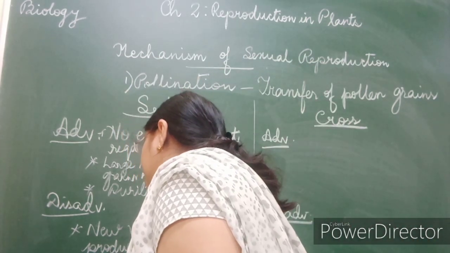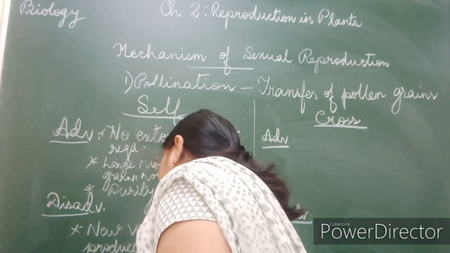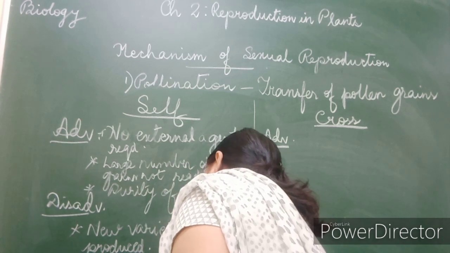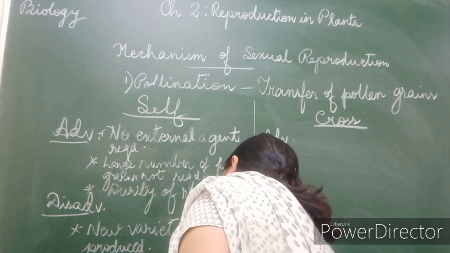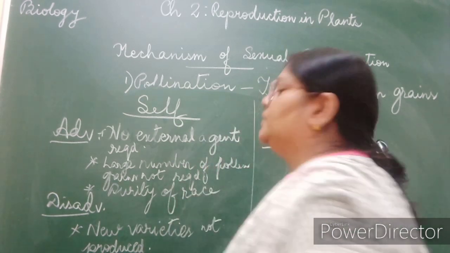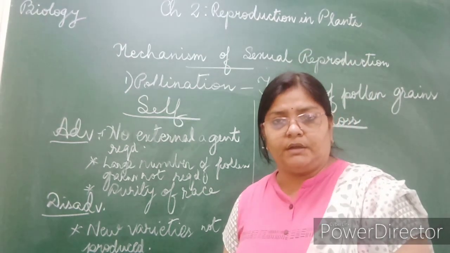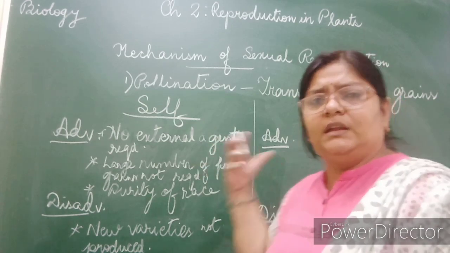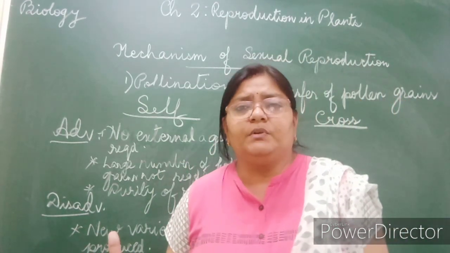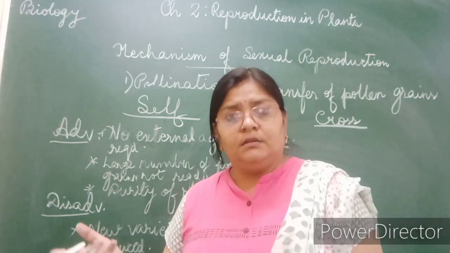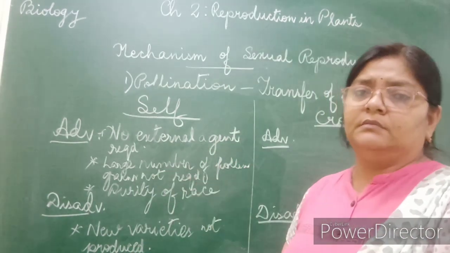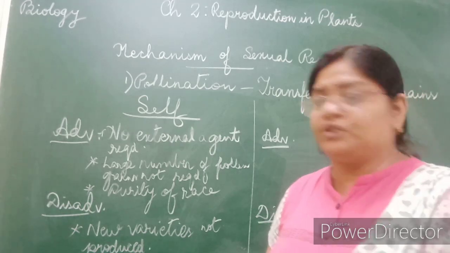So disease resistance is less. This becomes a disadvantage. In the advantages we can also write that colored petals and scent are not required, because it need not attract insects for pollination. But it's a side point you may or may not mention.